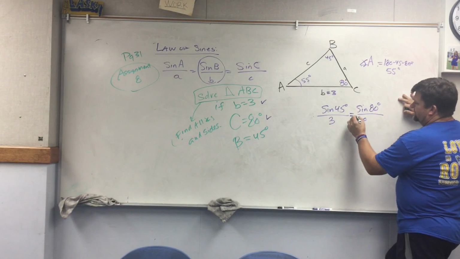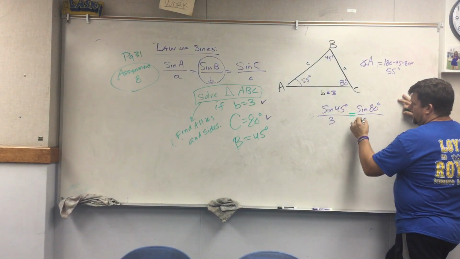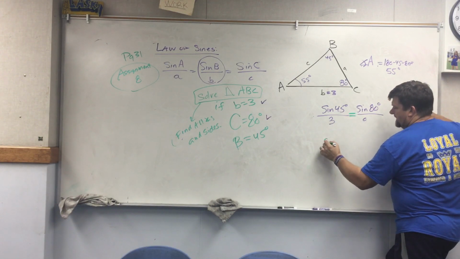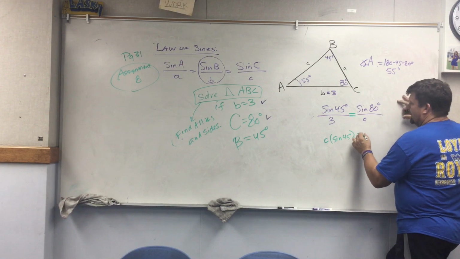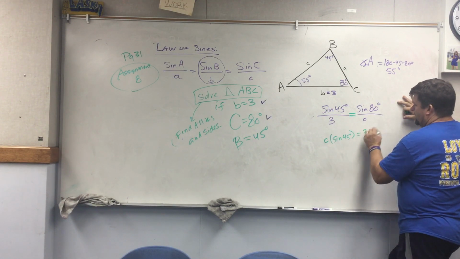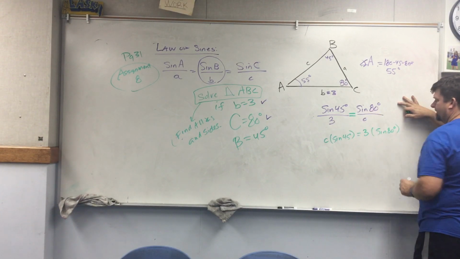So easiest way to deal with fraction set equal, or the ratio, is multiply from bottom right to top left, which is c times the sine of 45 degrees equals 3 times the sine of 80 degrees.